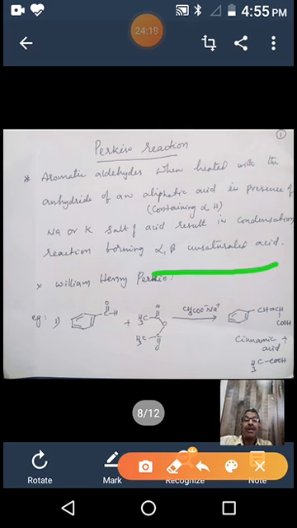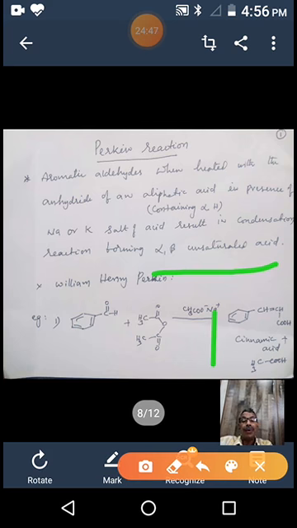Second, it is in the presence of acetic anhydride, which is also a reactant substrate. The aromatic aldehyde reacts with an anhydride containing alpha hydrogen, which is important, in the presence of a strong base like sodium acetate, and gives a product. On hydrolysis, finally it gives a stable product.